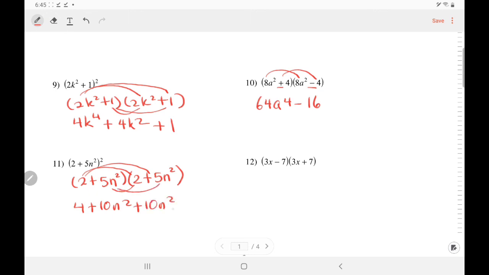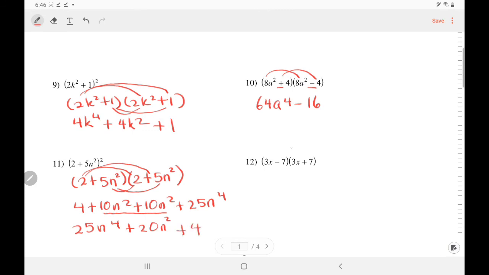And finally, the two last terms, 25n to the 4th. Let's rearrange them from the highest degree down. So 25n to the 4th. Add your two like terms in the middle. So that's 20n squared and plus 4.